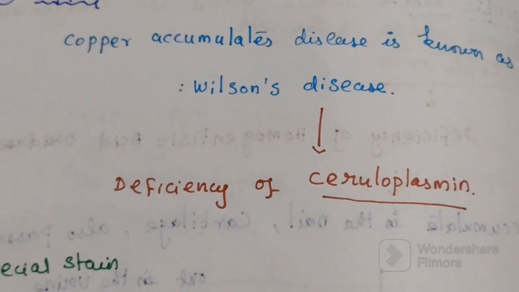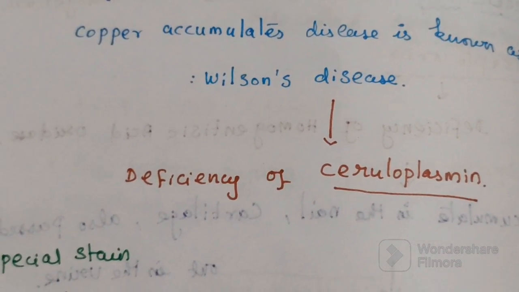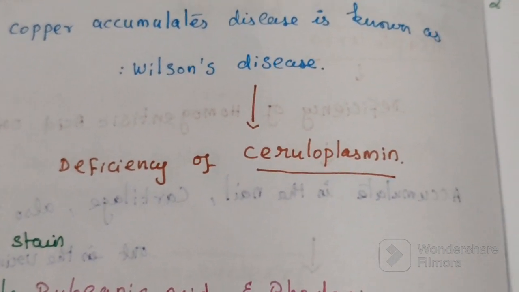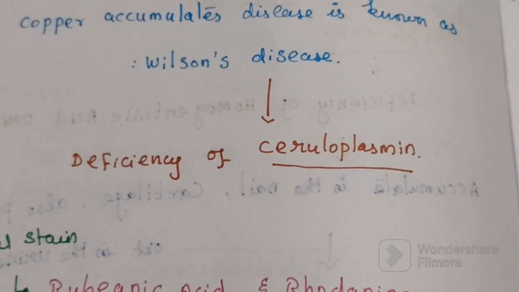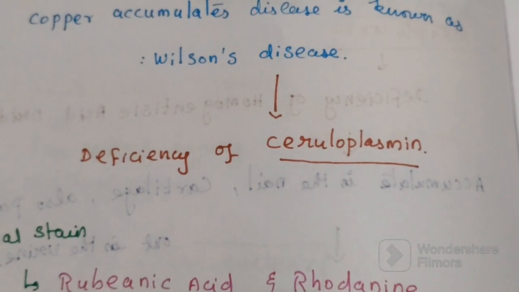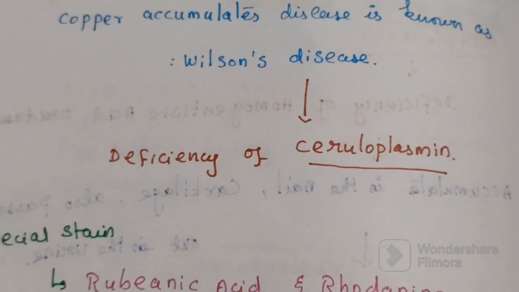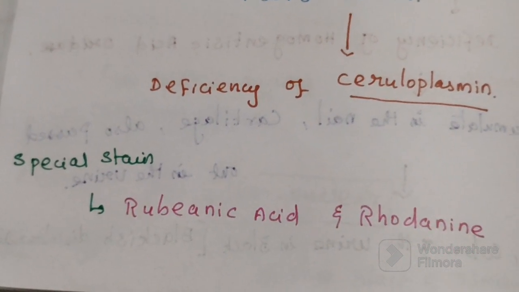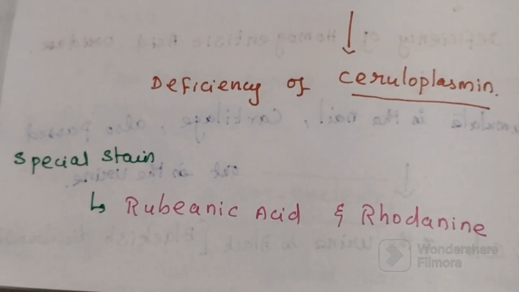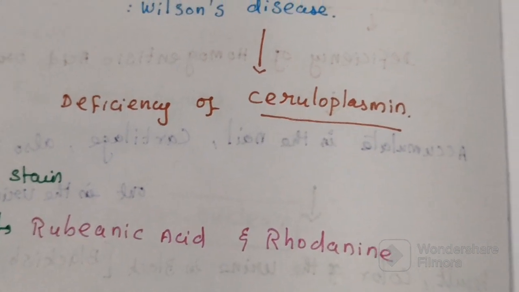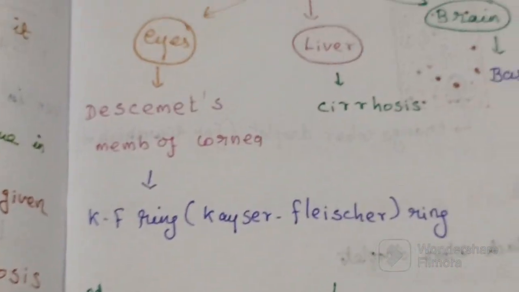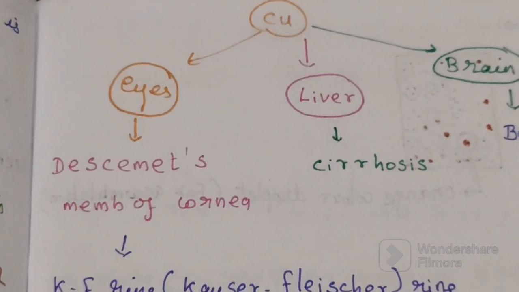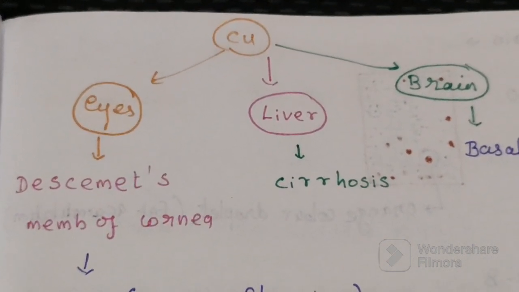Ceruloplasmin is the copper transport protein. If there is deficiency of ceruloplasmin, the copper is going to get elevated in the blood and will ultimately deposit. What are the special stains for copper? Rubeanic acid and rhodanine. Where will copper deposit?